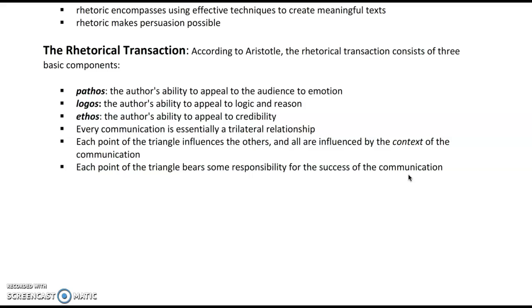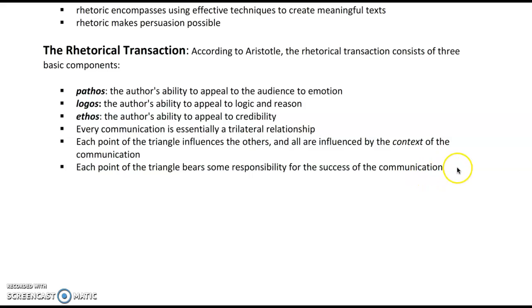So we're looking at the actual mode of communication. So in your case, it'll be writing, it'll be academic writing, and it's also influenced by the time, it's influenced by the urgency of the topic, it's influenced by the meaning of the topic, the controversy, everything that works together.